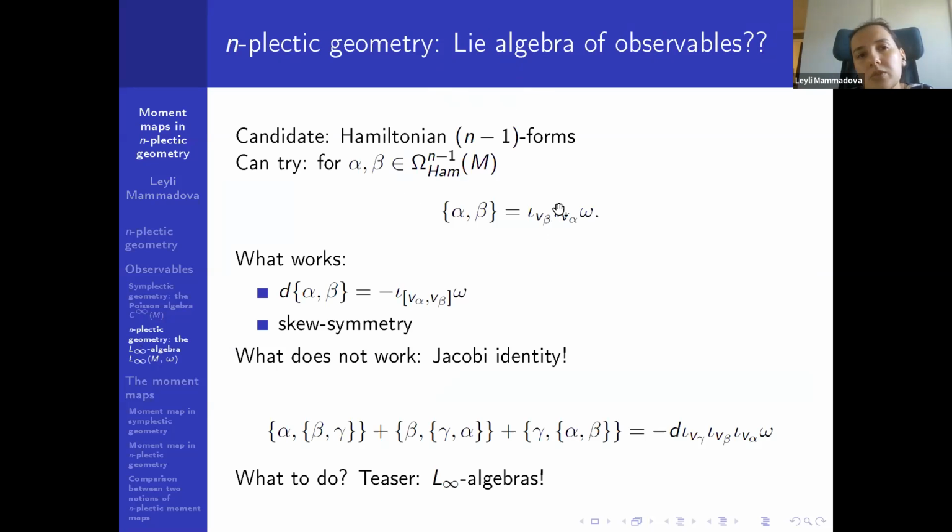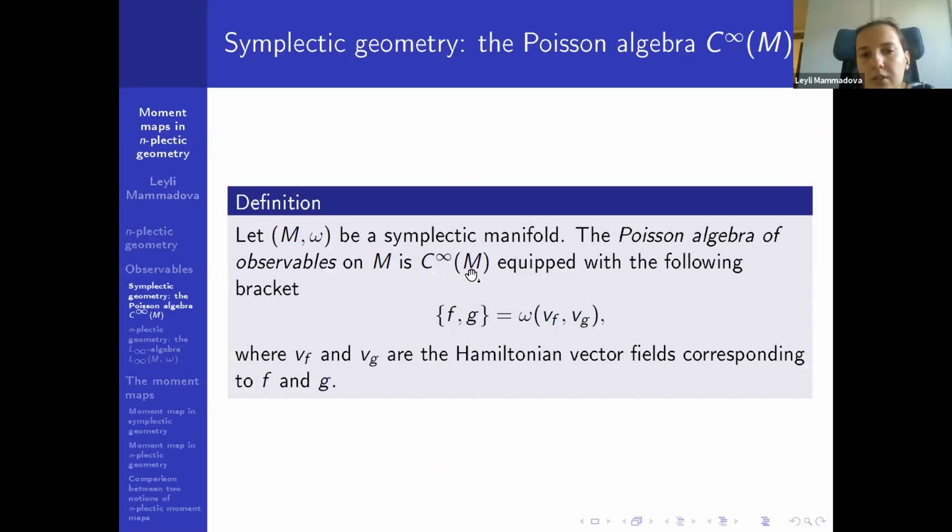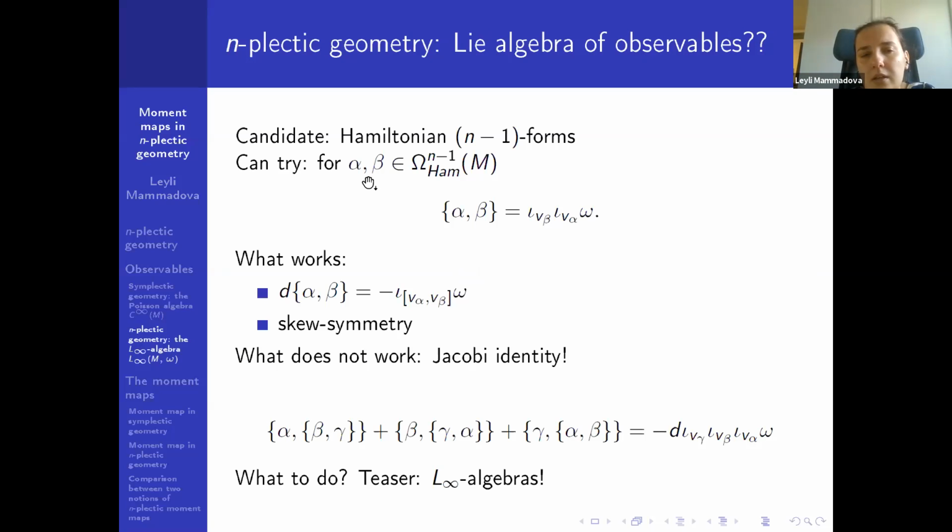So what I want to do is find a Lie algebra that corresponds in a natural way to my n-plectic manifold. And what people before me tried to do was just imitate the procedure of symplectic geometry, right? So if here we had C infinity of M, so 0 forms, then the natural candidate in n-plectic geometry would be Hamiltonian n-1 forms.